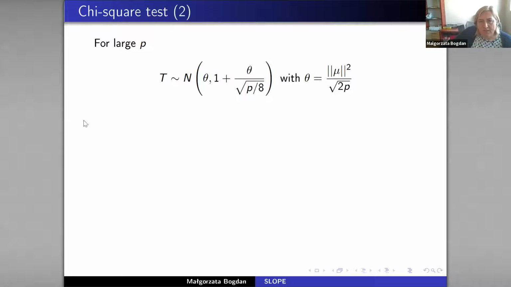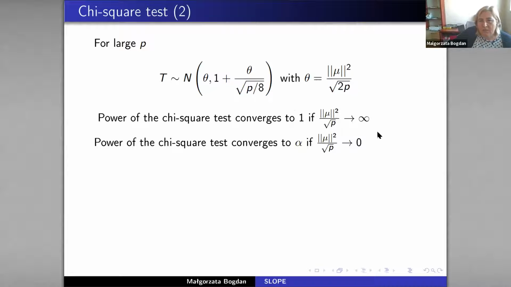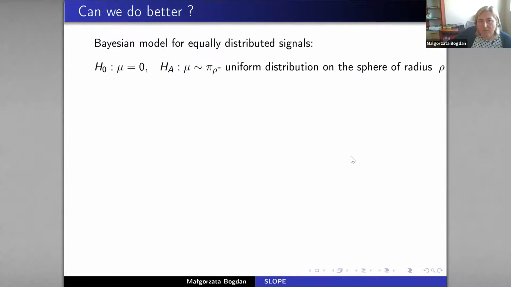Now, under the alternative, it's going to converge to a normal distribution where the expected value is equal to the square of the L2 norm of mu divided by the square root of 2p. So we can see that this test will be able to identify the alternative if the L2 norm of mu squared is larger than the square root of p. Okay, so we have a different detection threshold.